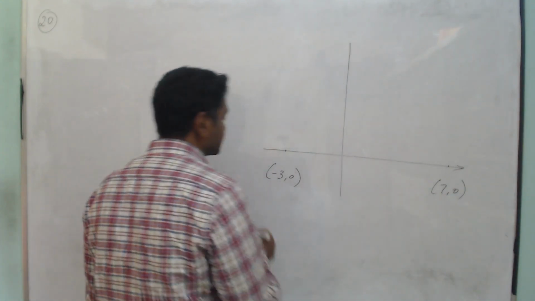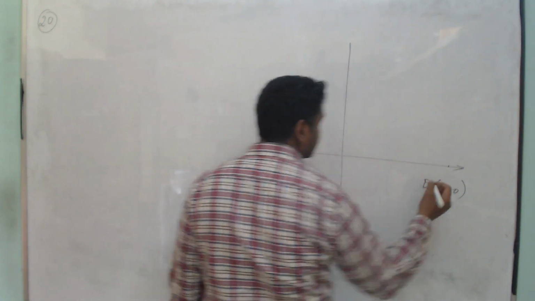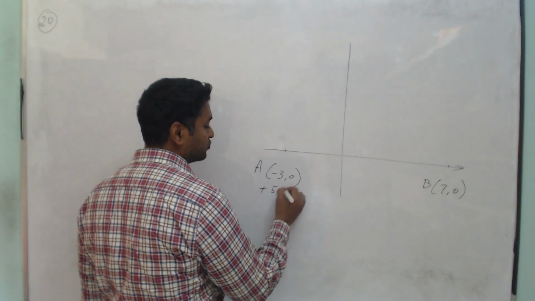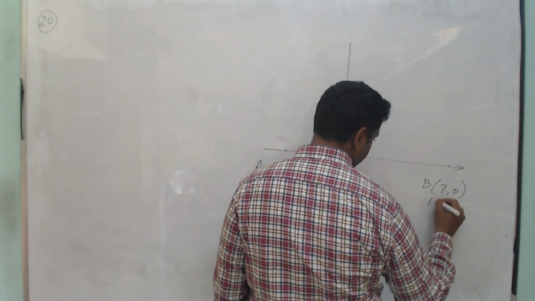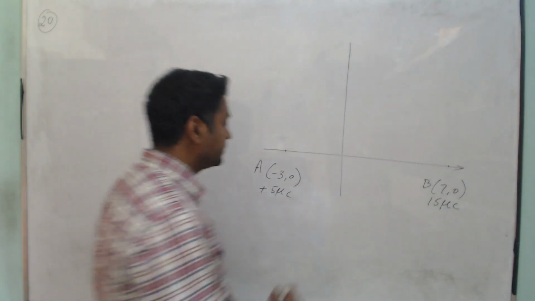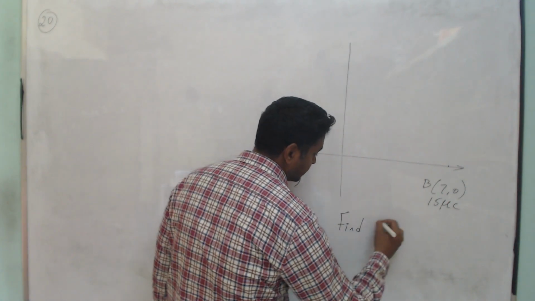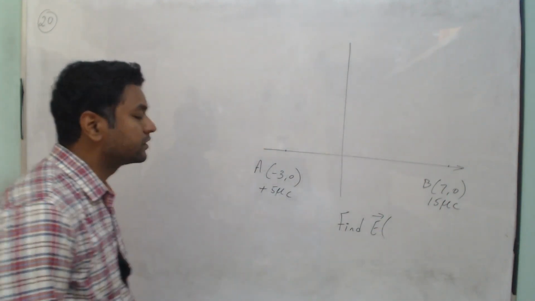Let's say this is point A and this is point B. Charge placed at point A is plus 5 microcoulomb and charge placed at point B is 15 microcoulomb. Now find the electric field at the point 2 comma 5.